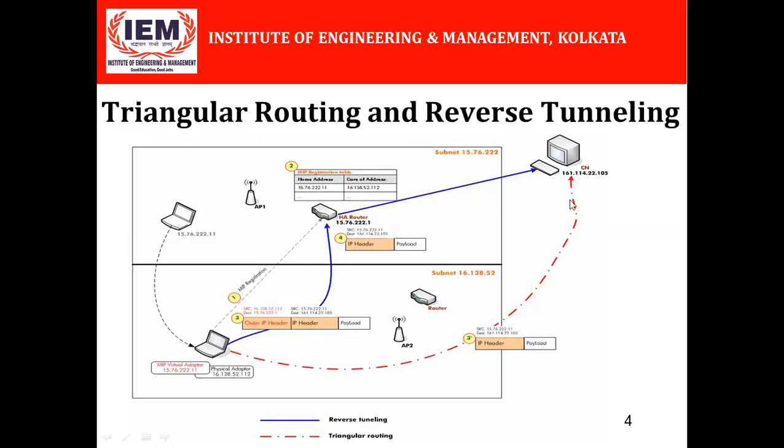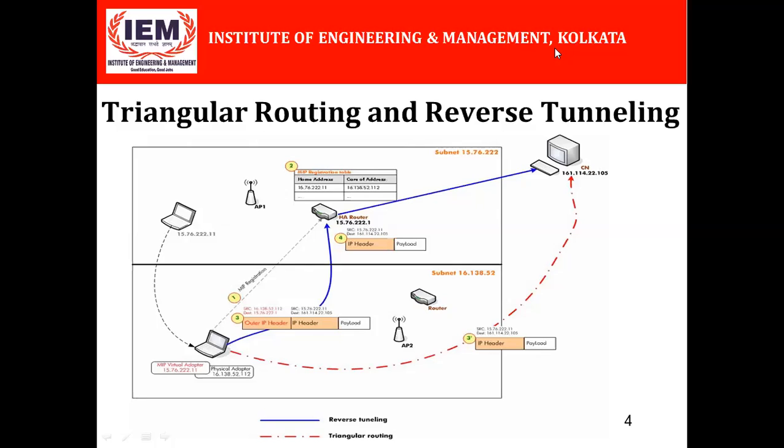From that information, the corresponding node can understand that this information is generated from the original mobile node. So it is also possible that information is transmitted directly from the mobile node to the corresponding node. In this way, it is known as triangular routing.